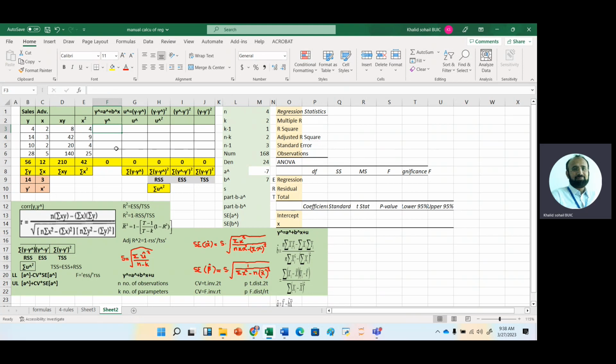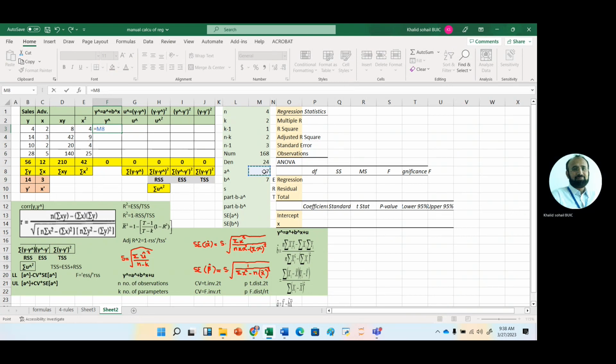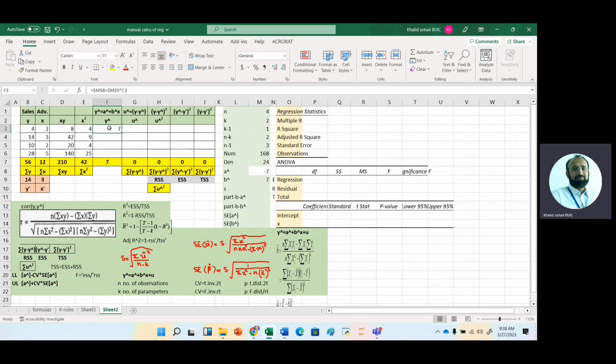Y hat is alpha hat plus beta hat. So here alpha hat is minus 7, and we will fix it, plus beta hat. Again, we will fix it, multiplied by each value of x.